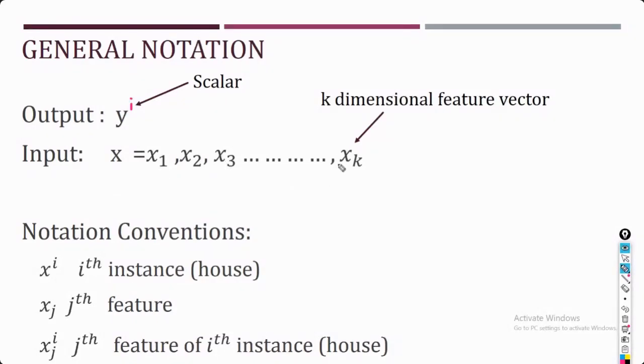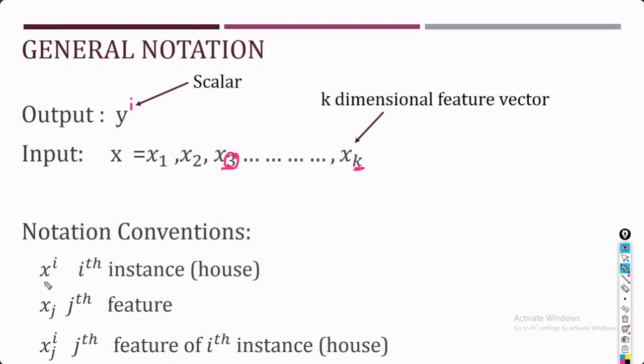Now the major change we are going to observe in this notation is the number of features. In the previous case, simple linear regression, we had one feature, so we did not need to use subscripts. But in multiple linear regression, we are going to have k dimensions. Suppose we have k features, then I need to represent the k features, so for that we use the subscript. The superscript we use for the instance, and the subscript we use to denote the features.